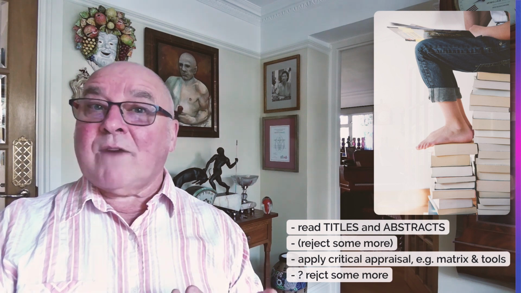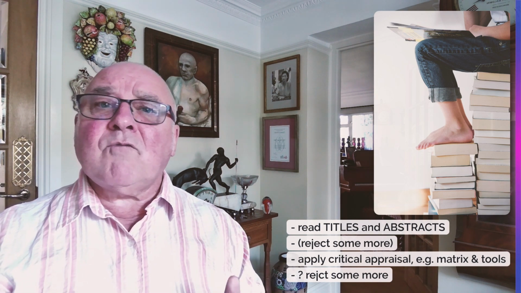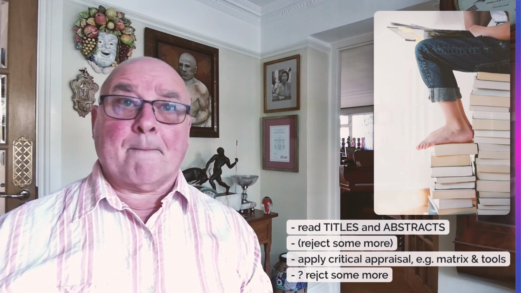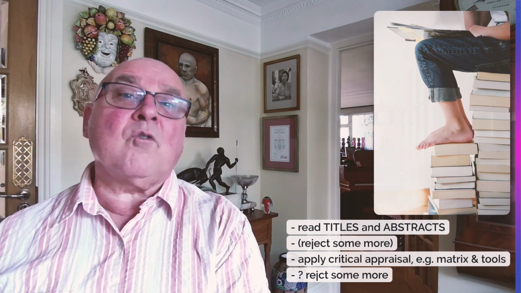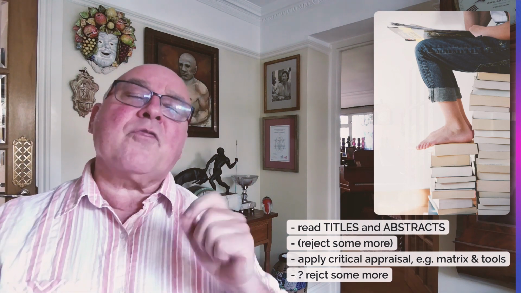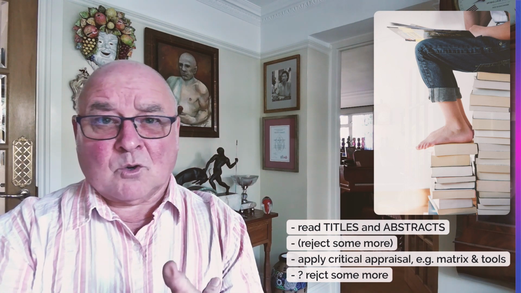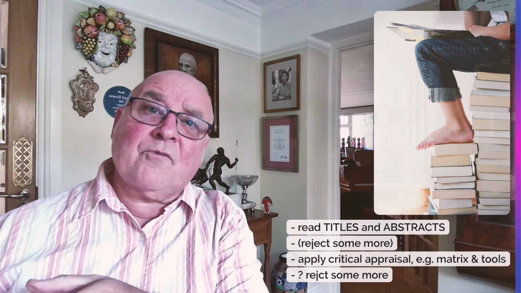So if you're being really rigorous, for example, using the CASP tools, and by using those you exclude a number, and by excluding that number you've ended up with too few for your particular study, then you might say, by using the relevant CASP tools, I lost so many papers I ended up with too few.